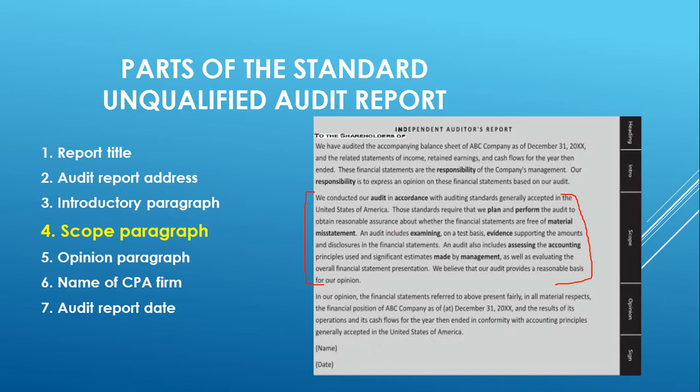As we see, we conducted our audit in accordance with auditing standards generally accepted in the United States of America. Outside of America, they can use other terms like ISAs, which refers to International Standards on Auditing.